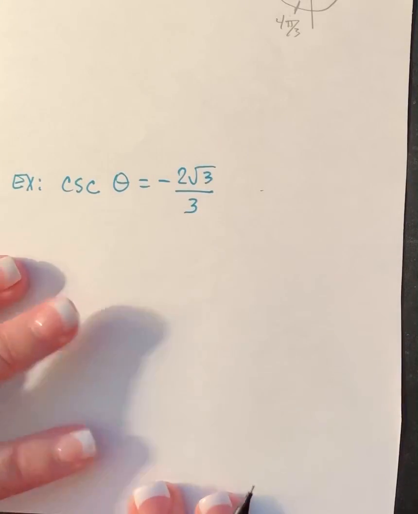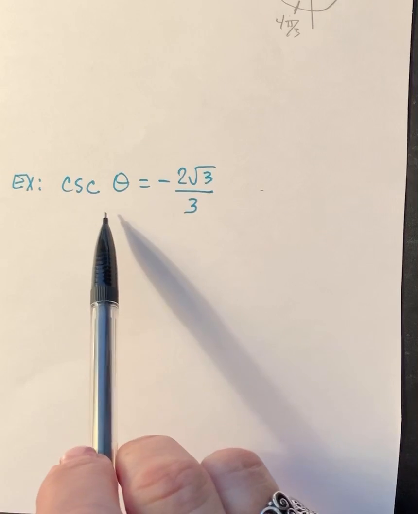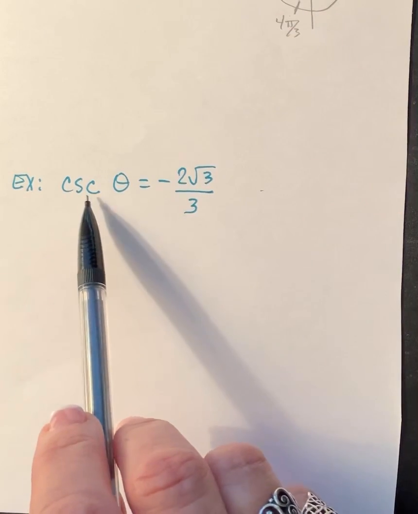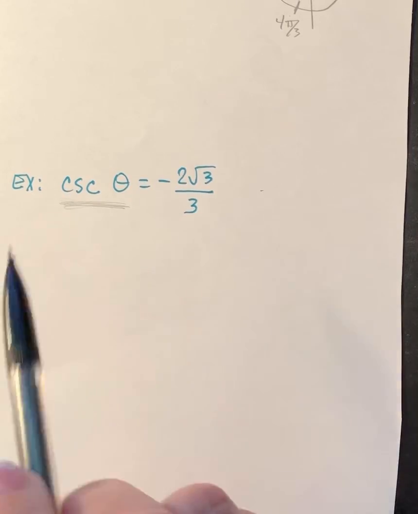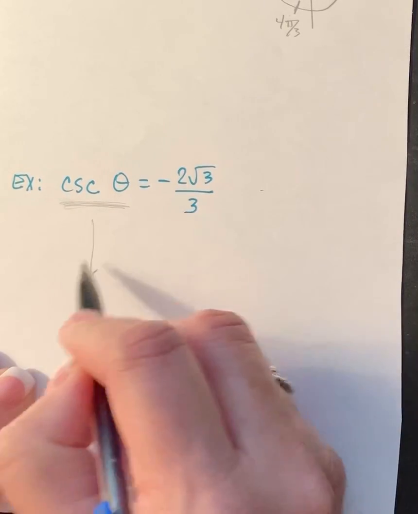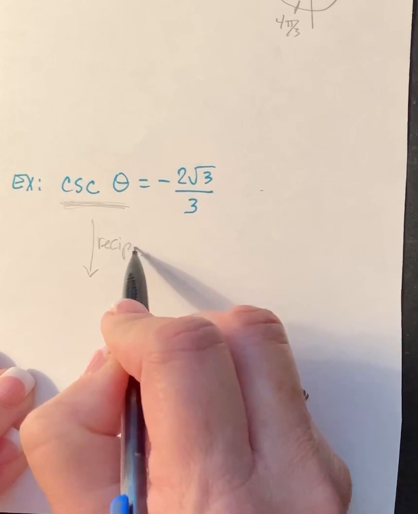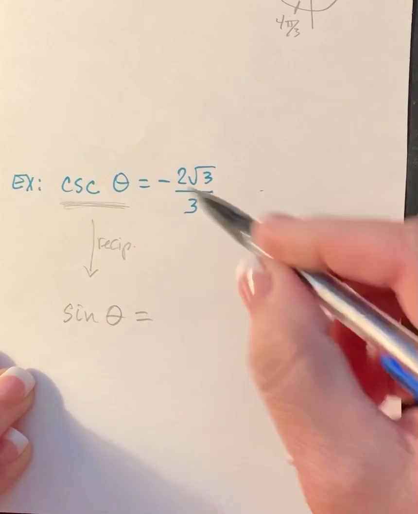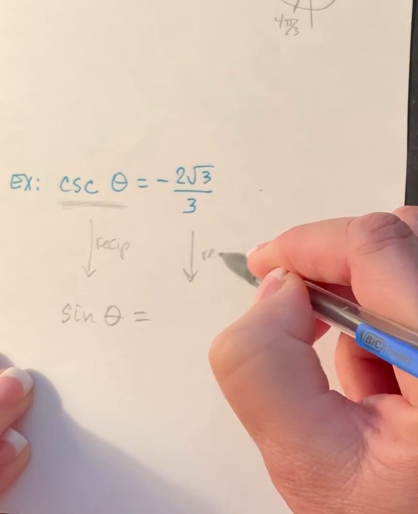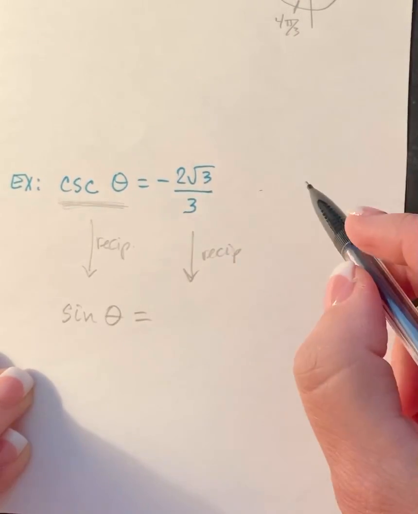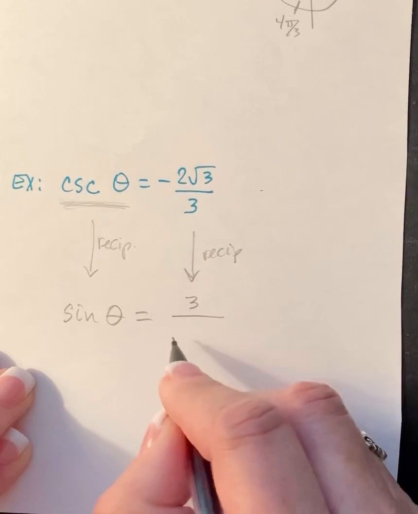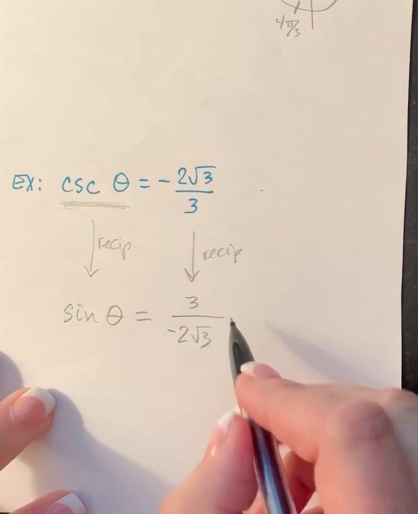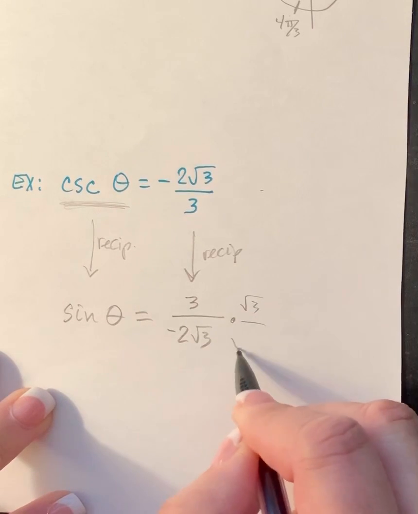Okay, in this problem you're asked to find where the cosecant of theta is equal to negative 2 root 3 over 3. The best thing to do when you've got it in terms of cosecant is use the reciprocal. The reciprocal of cosecant is sine, and then do the reciprocal of whatever the number is. So if you flip that one upside down, you're going to have 3 over negative 2 root 3. That doesn't look familiar, but if you rationalize it, it will be.